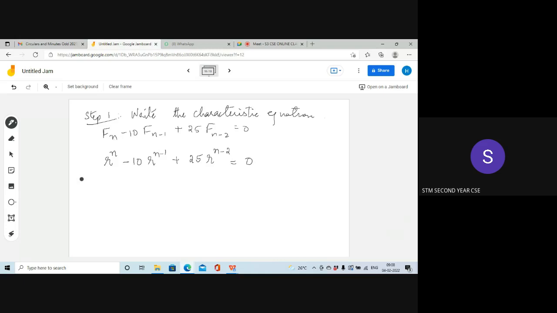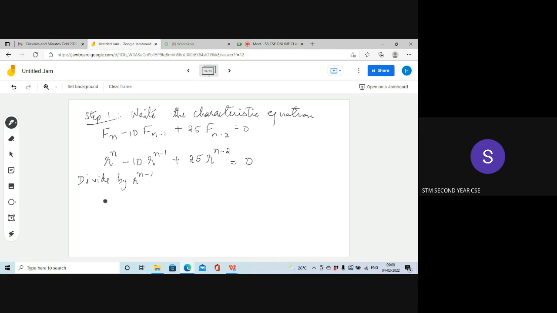Then divide the whole equation by the lowest power, r raised to n minus 2.